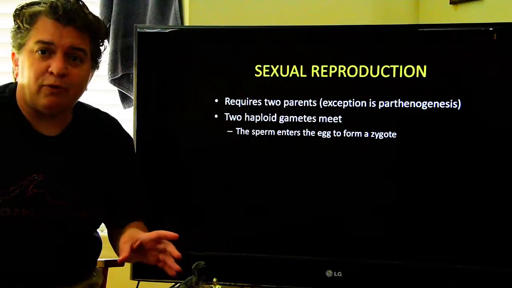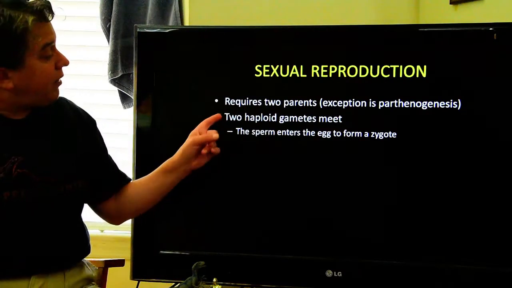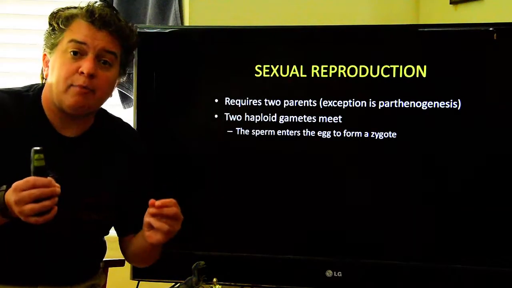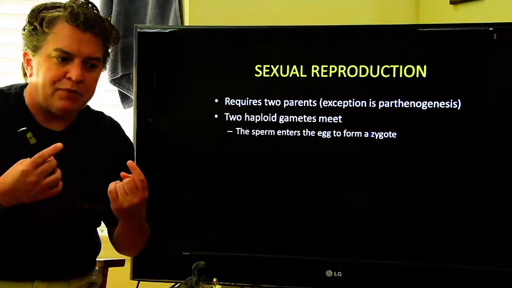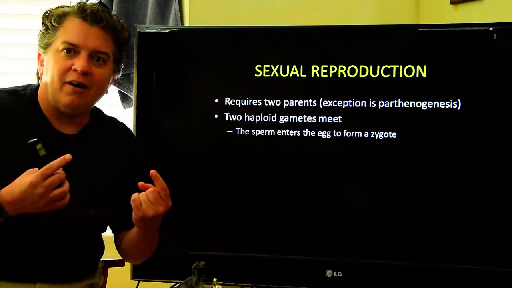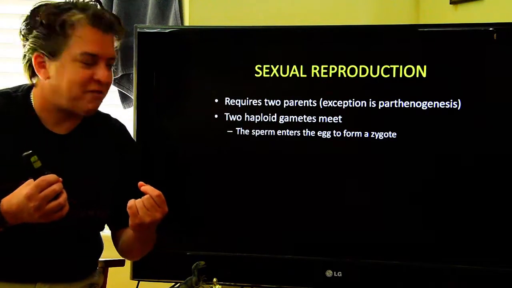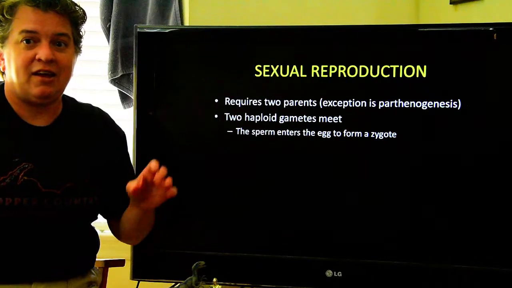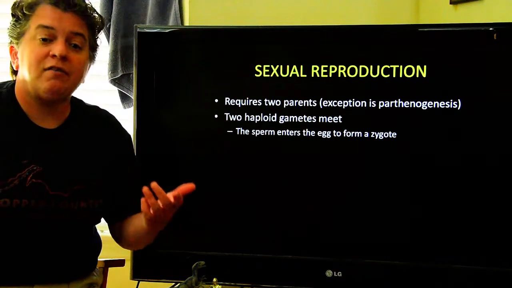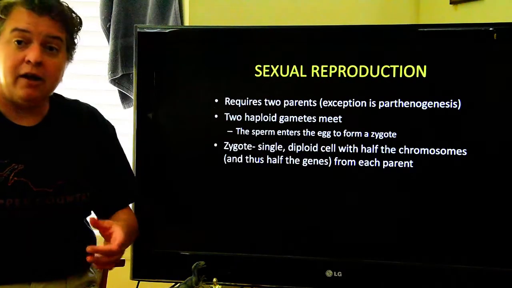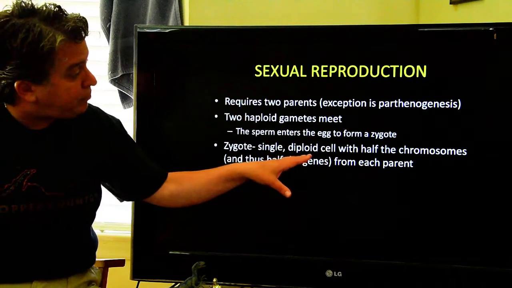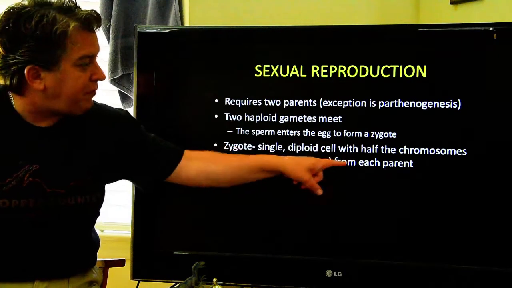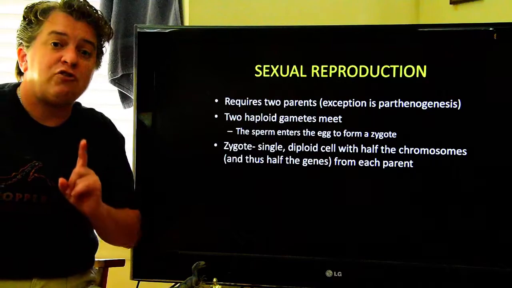Now, in sexual reproduction, you have these two haploid gametes meeting, right? They have half the number of chromosomes that they're supposed to have. And what happens? The sperm enters the egg to form a zygote. And the zygote is a single diploid cell with half the chromosomes from each parent.